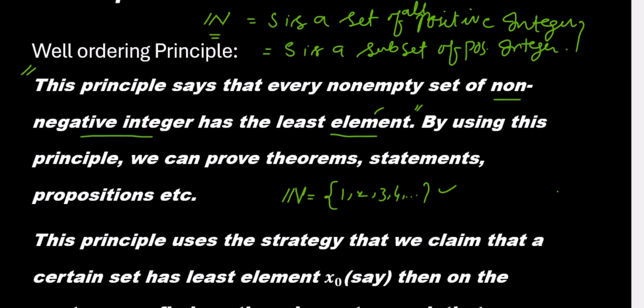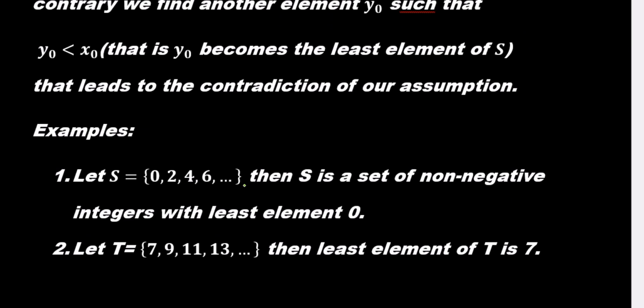For example, I have created some examples here. Let S be the set of integers 0, 2, 4, 6 and so on. Then S is a set of non-negative integers with the least element 0. You can see here S is not completely the set of non-negative integers; actually S is a subset of non-negative integers.